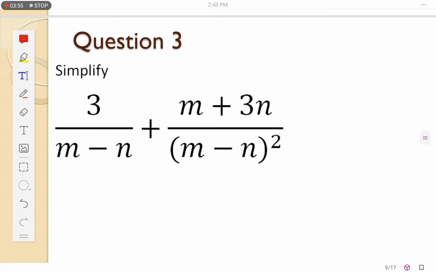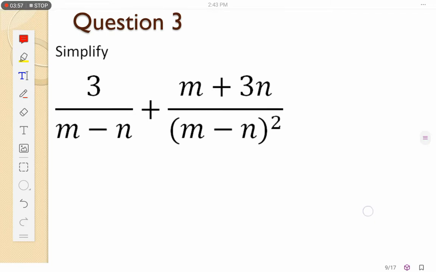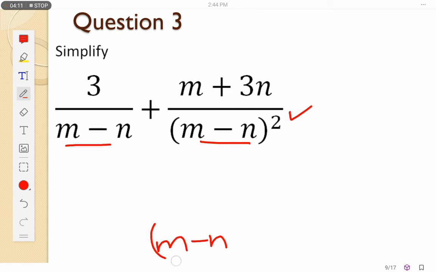Here I've got two different denominators, but they've got a common factor. So my lowest common multiple is going to be this one. I'll have my denominator as m minus n squared.